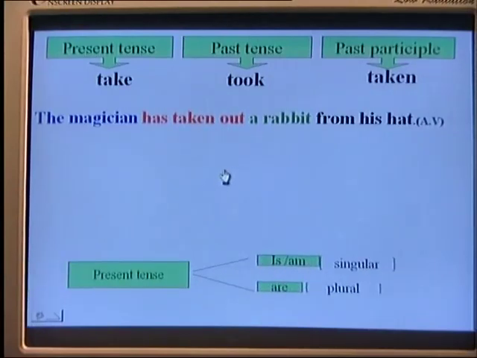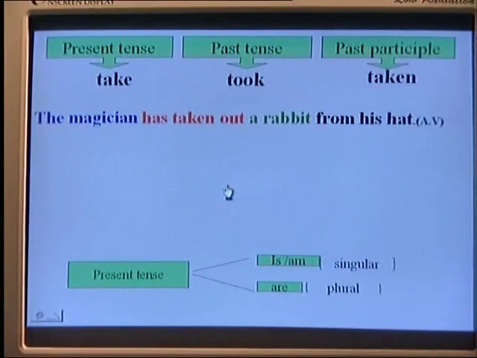So, here, this is in perfect tense. Has, have or had in the sentence indicate that it is in perfect tense. When it is in perfect tense, you need not use the be forms in passive constructions.